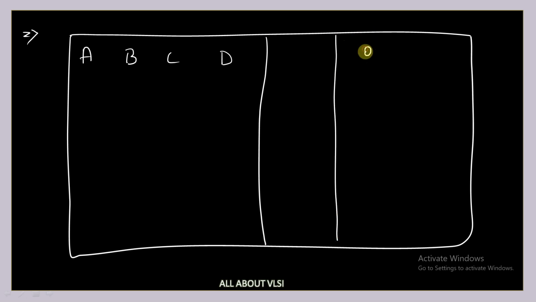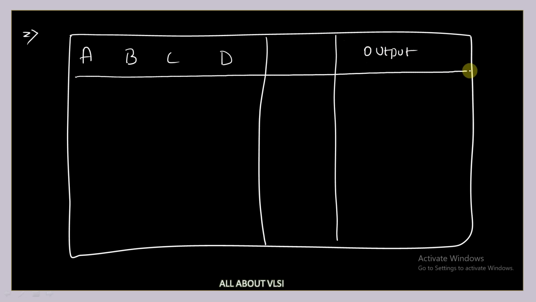Okay, where A, B, C, D are my inputs, and this is my decimal equivalent, and this is my output. Okay, so now what are all the prime numbers we have? Decimal equivalent. So greater than 0, what are all the prime numbers? 2, and what else we have? 2, 5, 7, 11, and 13. These are our prime numbers greater than 0.